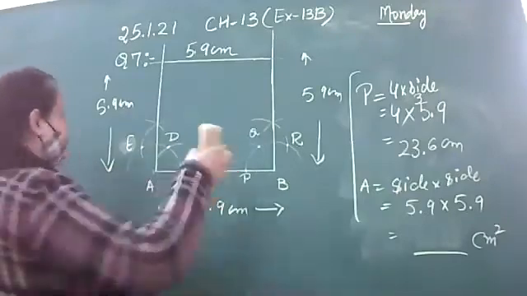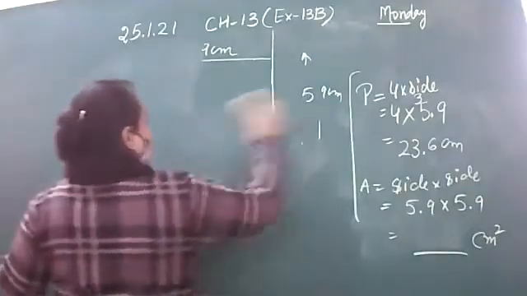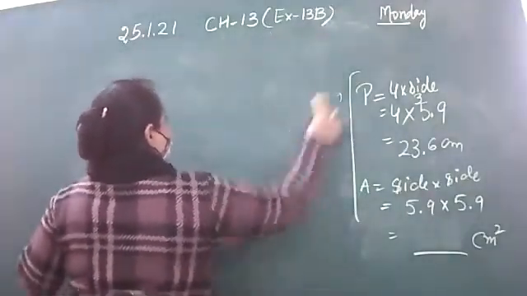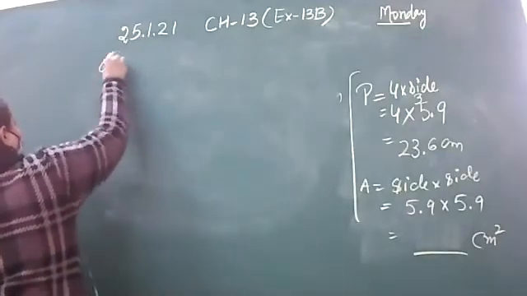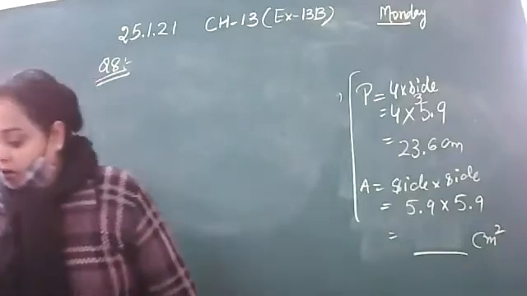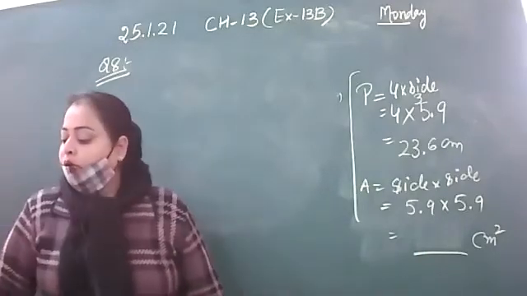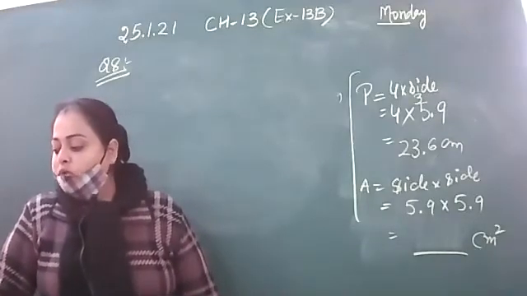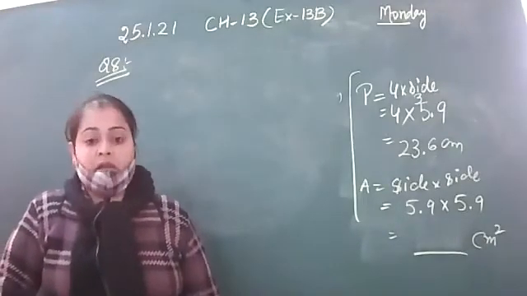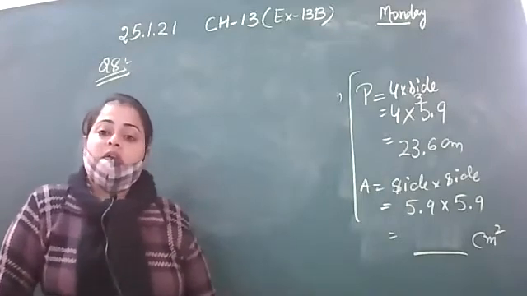Come to the 8th question. Now I am going to explain question number 8. The 8th question is, draw a rhombus whose one side is 5 centimeter and one angle is 60 degree.